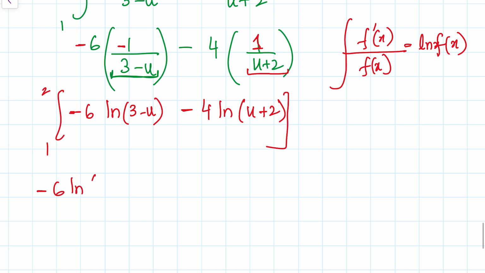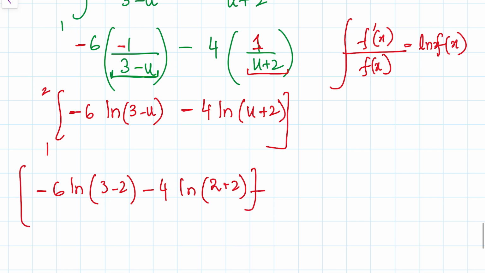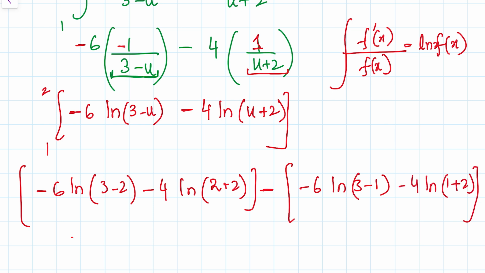Minus 6 ln 3 minus 2, minus 4 ln 2 plus 2, minus, minus 6 ln 3 minus 1, minus 4 ln 1 plus 2. This becomes minus 6 ln 1 minus 4 ln 4. Minus minus is a plus 6 ln 2.